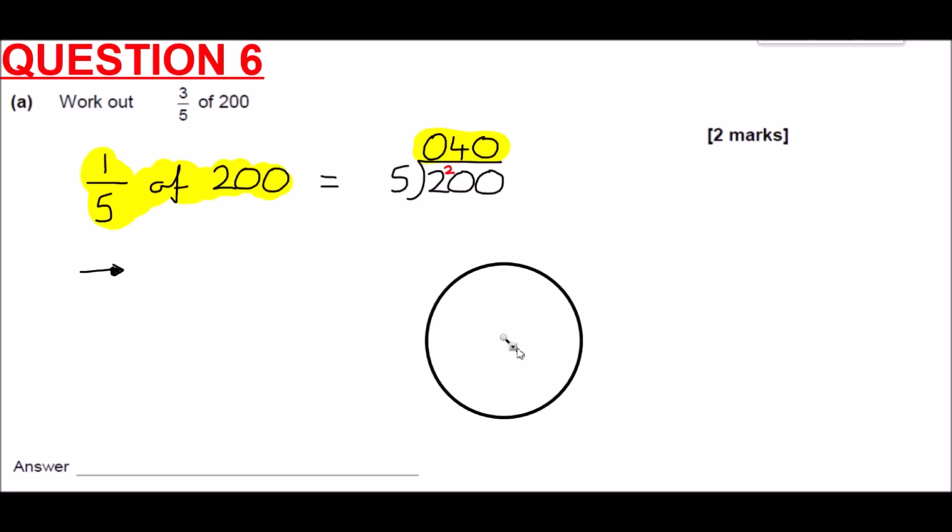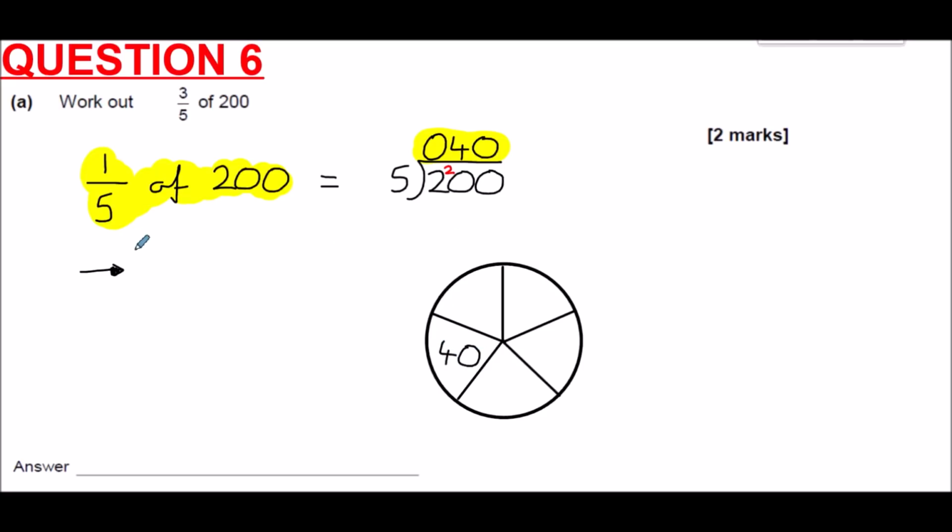So what we're going to do first is just divide this circle into 5 pieces, just to help you picture what's going on. So we worked out 1/5, which is 1 slice out of 5 of a circle. So 1/5 is 40.